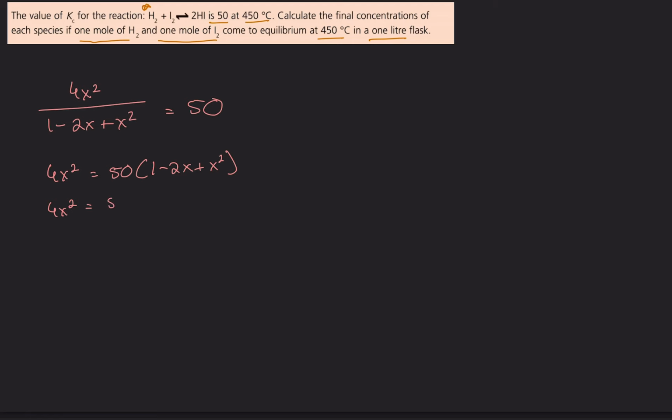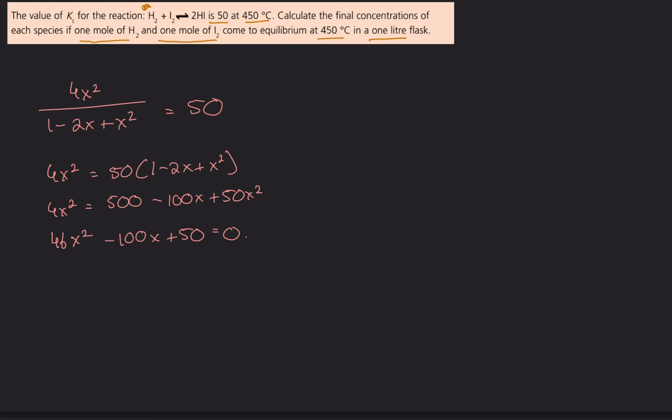Now it becomes 50 minus 100x plus 50x squared. Drag everything to one side and you will end up with 46x squared minus 100x plus 50 equals 0. So we're dragging everything across and simplifying.